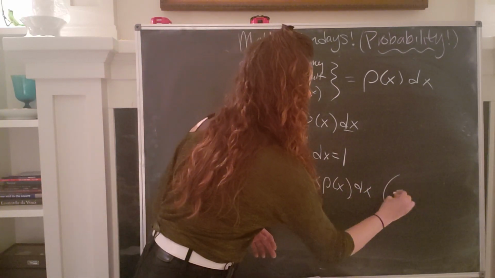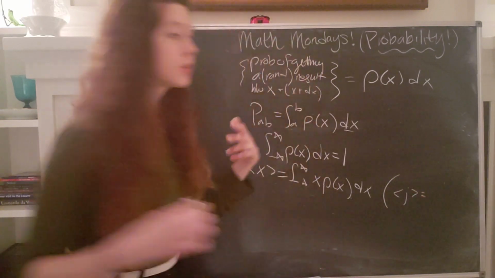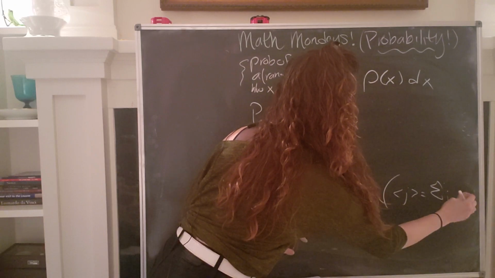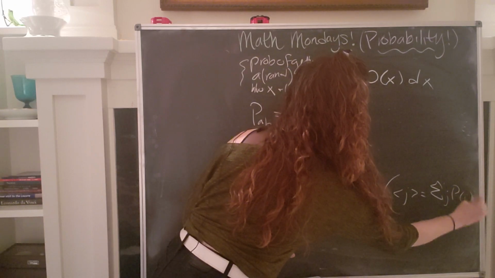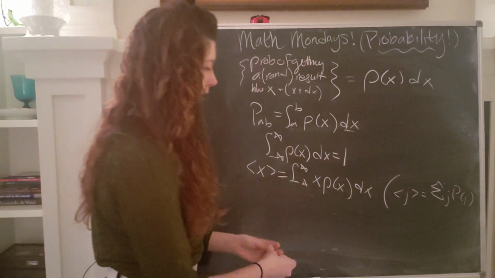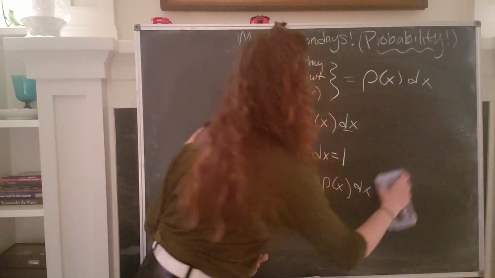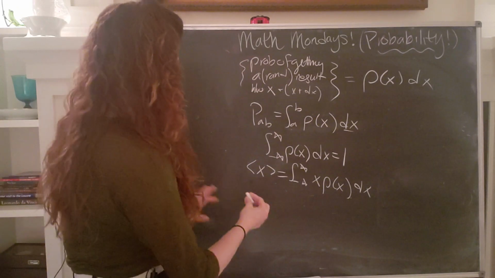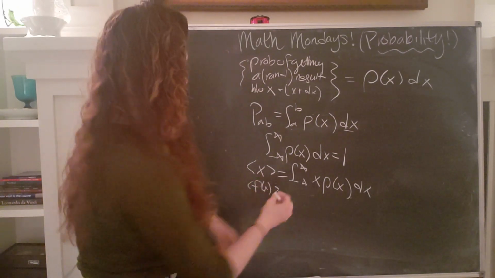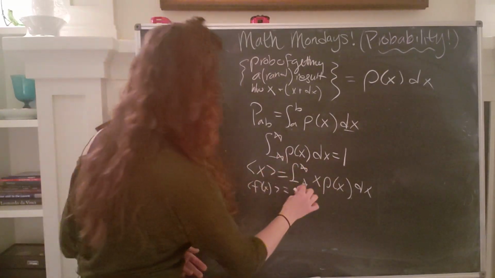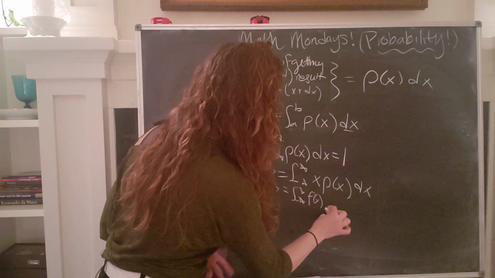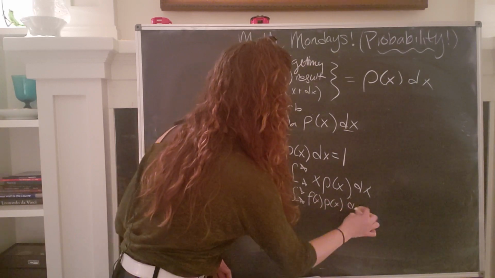Remember that the expectation value for discrete things is defined to be the summation of that thing times the probability of it. So that's exactly what we have here, we've just translated it for continuous variables. And just a quick aside, if you have a function and you want to find the expectation value, you just plug it in. You would have the same equation, but instead of x, you have some function of x. This works the same way.